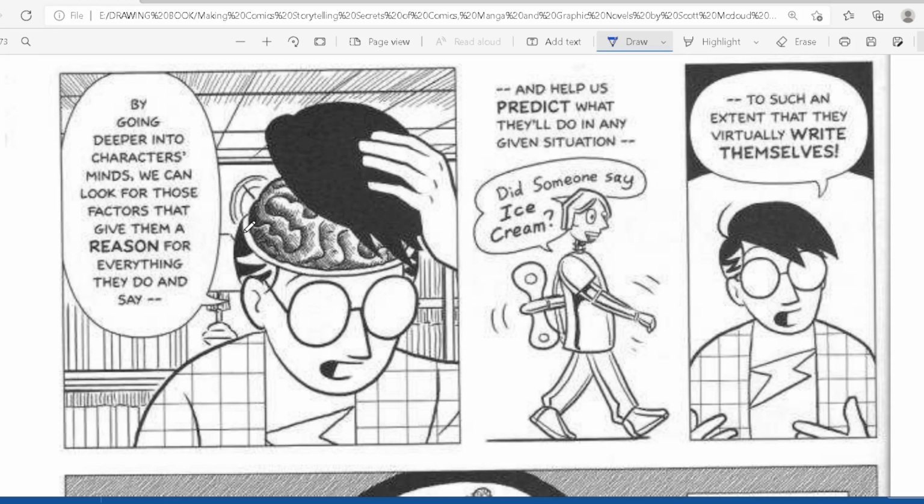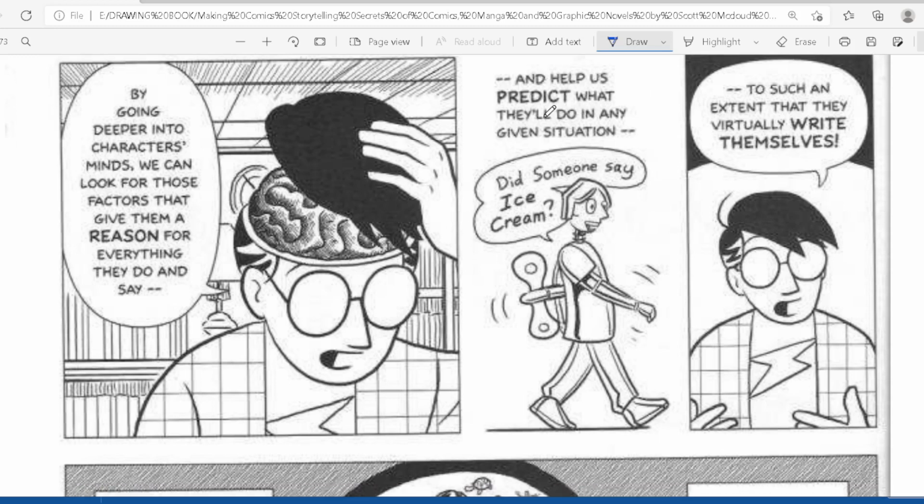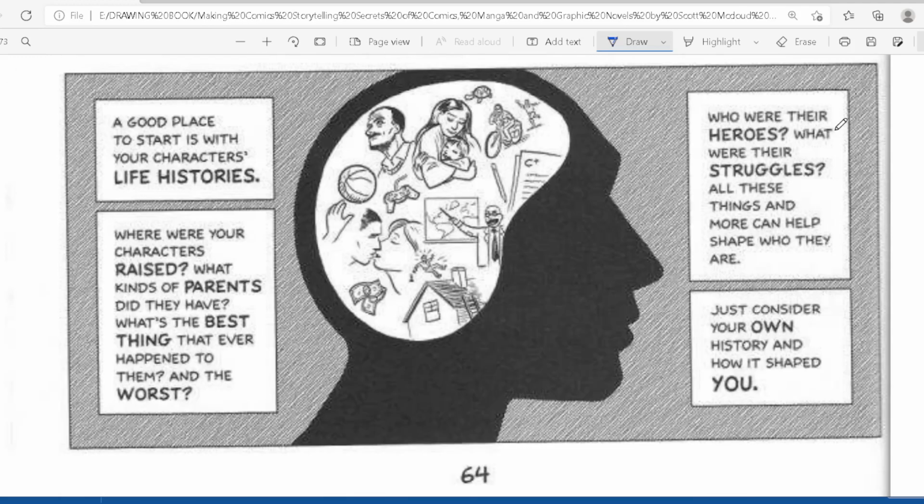The agenda should be clear, what kind of character it is, what kind of personality that character will have, so that you will be able to continue in your comic strip page by page, right? So that is what he's saying, and help us predict what they will do in any given situation, to such an extent that they virtually write themselves.